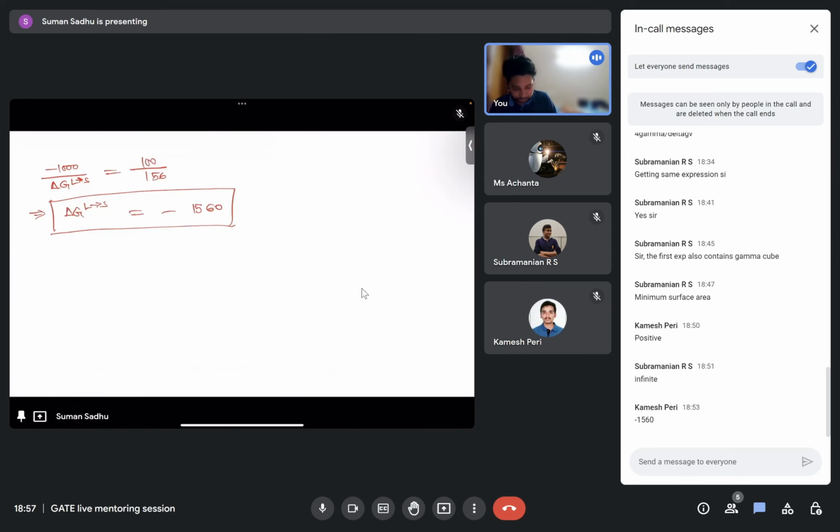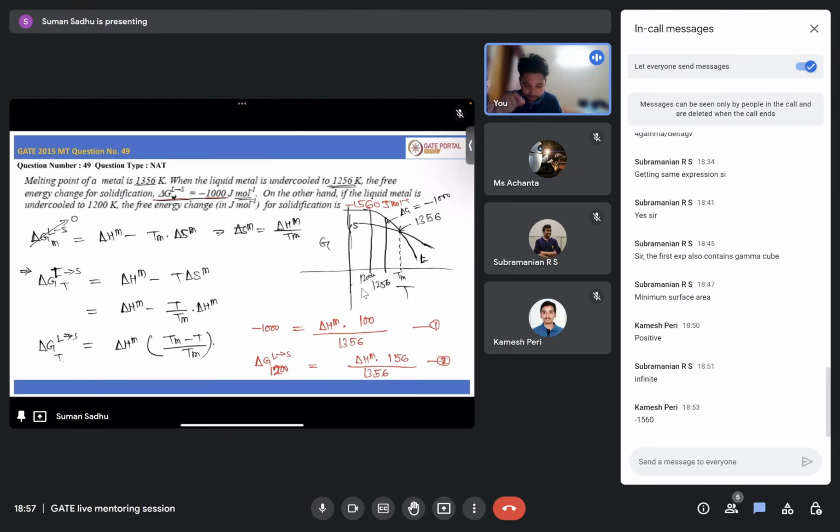You can see the delta G at temperature T also. Here I have written this as the same delta Hm minus T delta Sm. Do you know the reason?